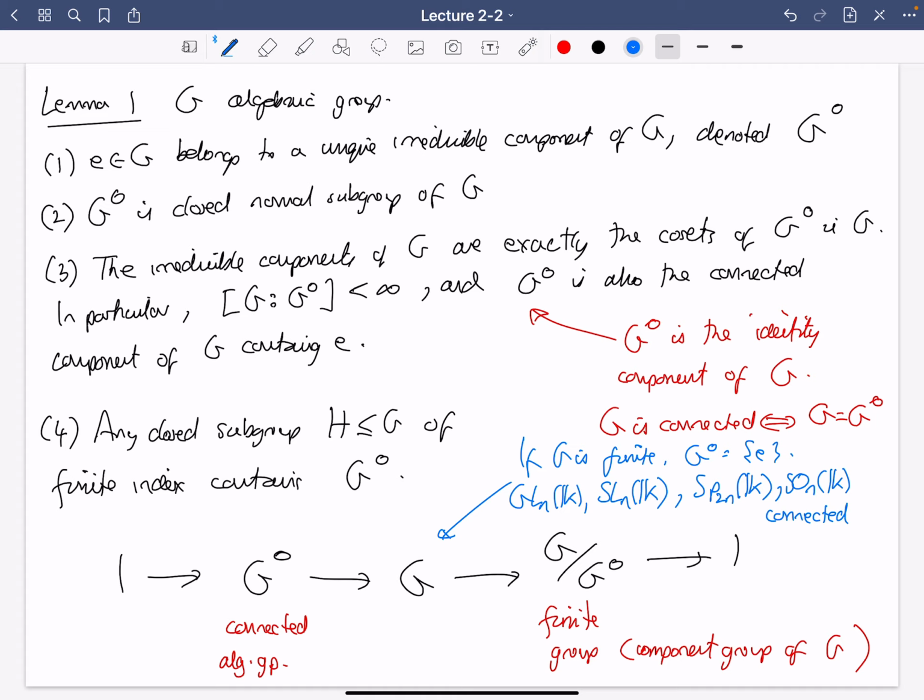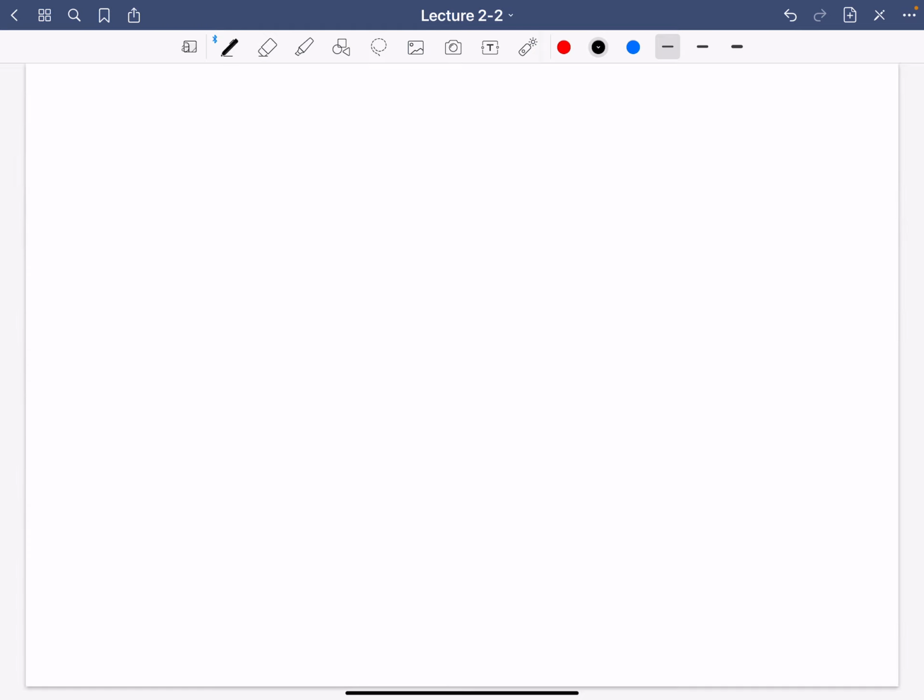The orthogonal group is not connected. In fact, the identity component of the orthogonal group is the special orthogonal group, and then the component group is plus or minus 1, at least if you're not in characteristic 2. So we've seen this before, so that's a special case of that short exact sequence. Okay, let's prove the lemma.